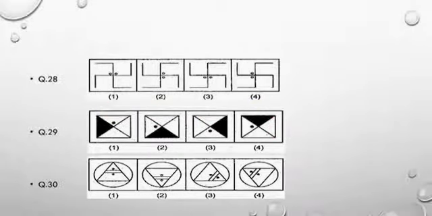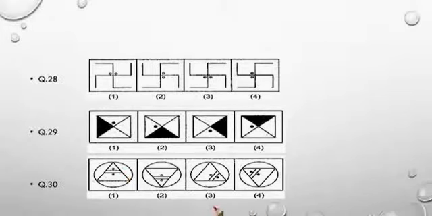Now let's go to question number 30. In question number 30, we have 4 options given. In each option there is one circle in which there is one triangle, and in the triangle there are two parallel lines and there are two dots.